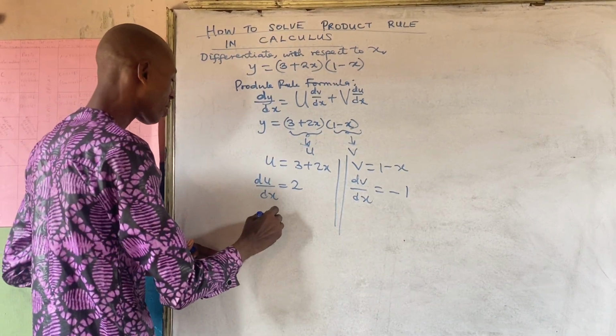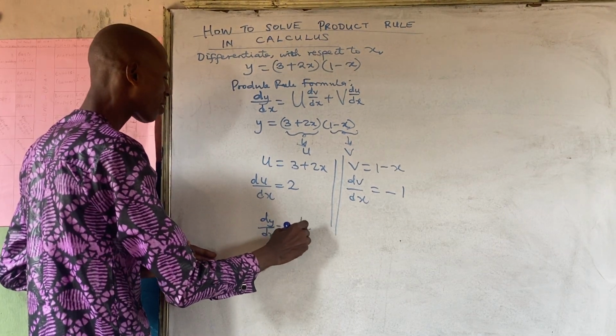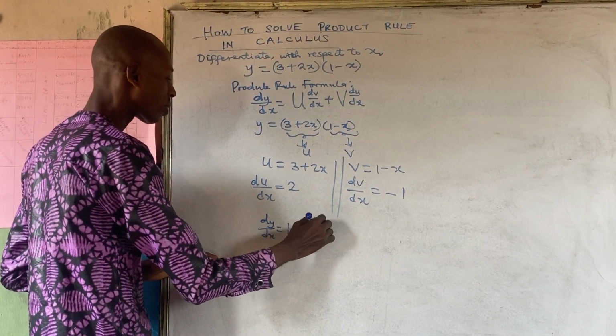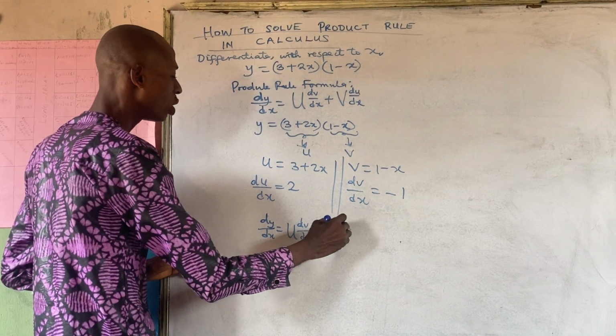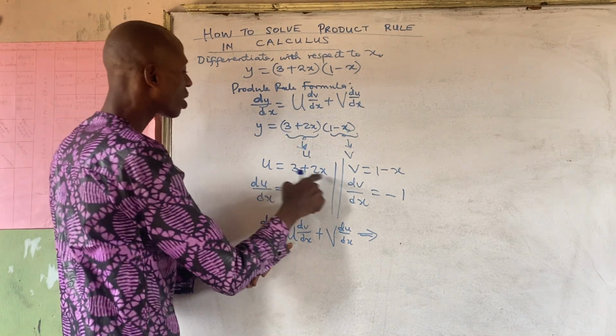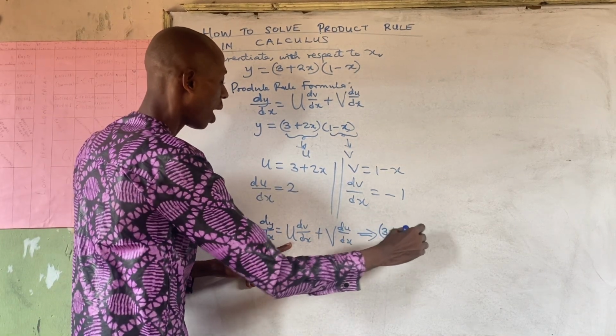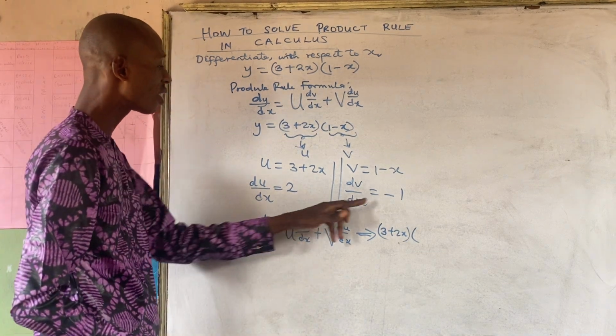Now, dy/dx, using our formula of u dv/dx plus v du/dx. Now it becomes, what is your u? Your u is 3 plus 2x, and dv/dx is minus 1.